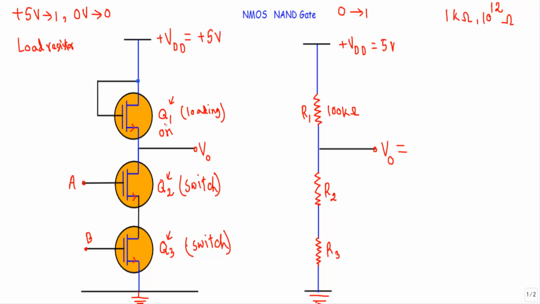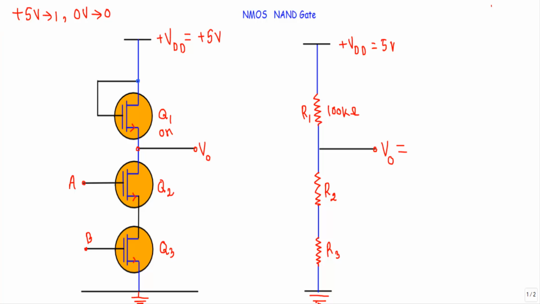So I can represent the transistor Q1, Q2 and Q3 using a resistive network like this. Here we are taking the output from the drain terminal of the transistor Q2, and the source terminal of the transistor Q2 is connected with the drain terminal of the transistor Q3 here.